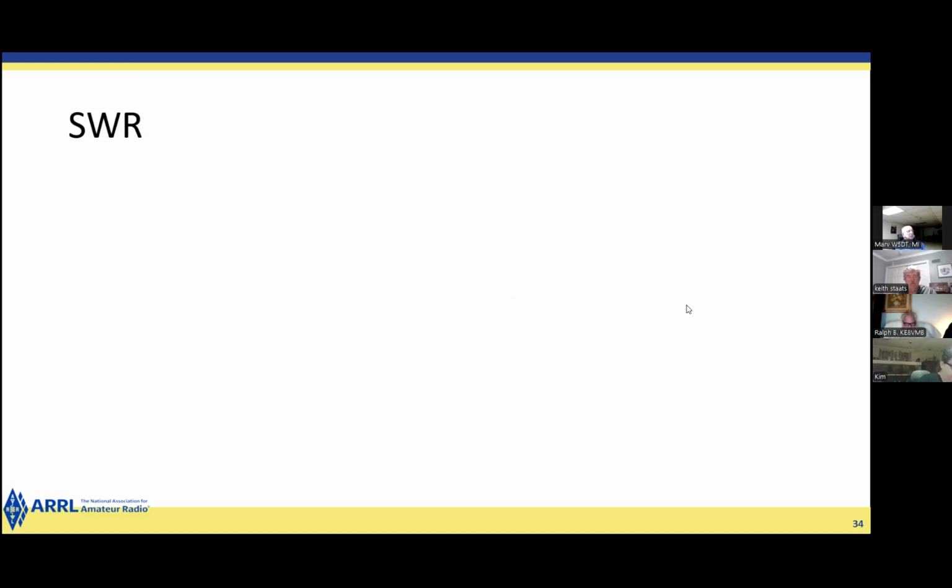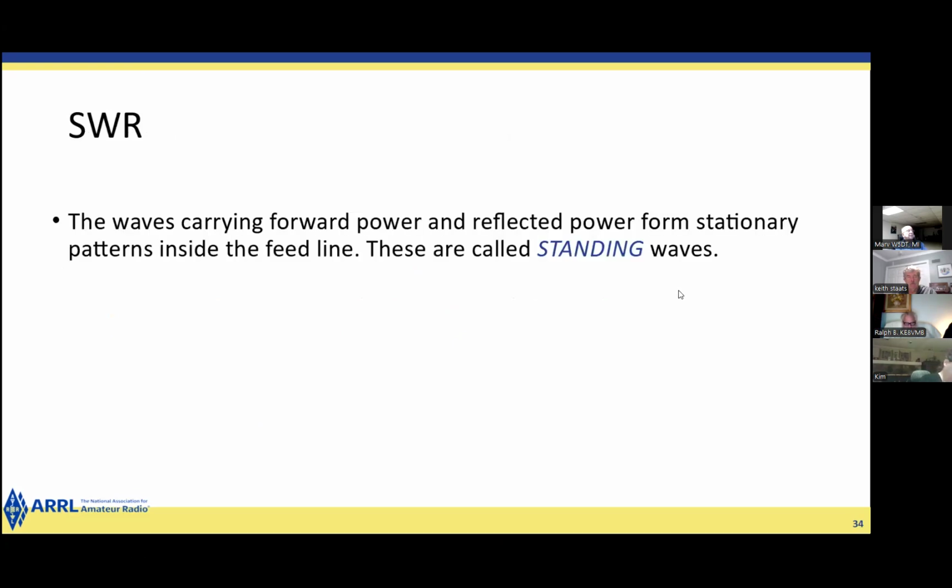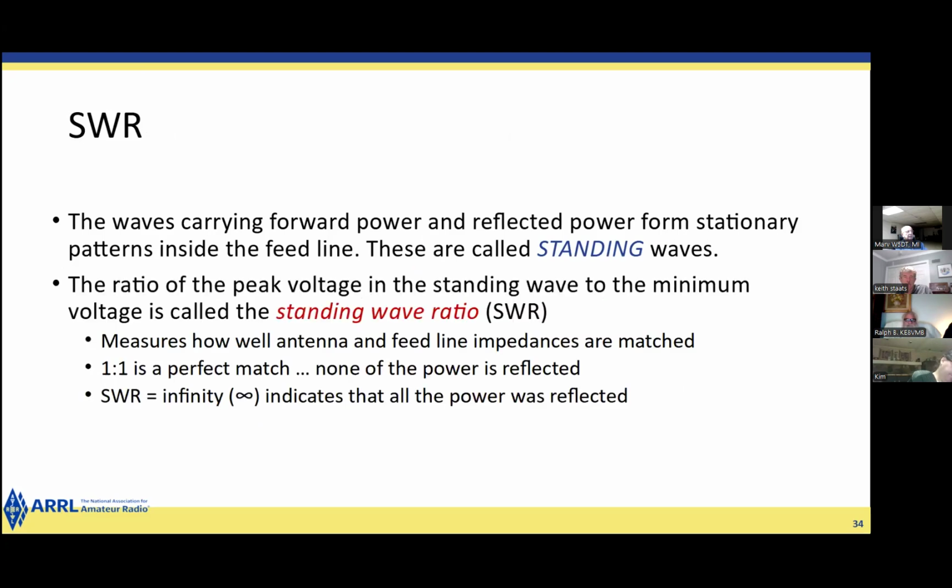So what's SWR? The waves carrying forward power and reflected power form stationary patterns inside the feed line. These are called standing waves. The ratio of the peak voltage in the standing wave to the minimum voltage is called the standing wave ratio, SWR. It measures how well the antenna and feed line impedances are matched. 1-to-1 is a perfect match.